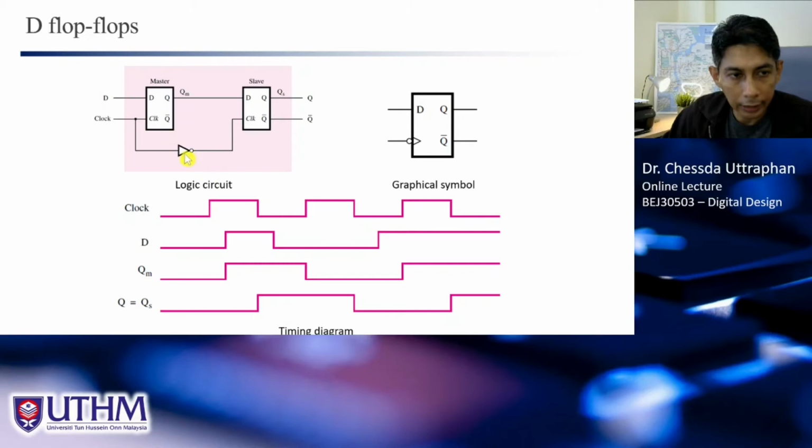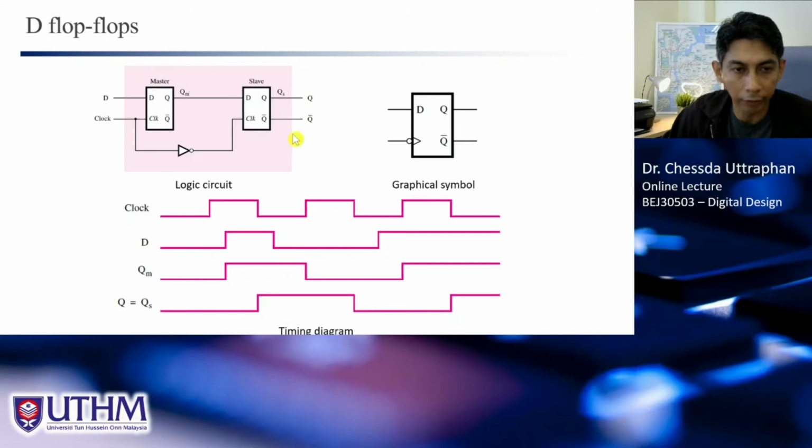So this is the circuit of the D flip-flop, and this is a negative edge triggered one, where we have two D latches connected like this, master and slave, and we have the clock like this, and we invert the clock for the slave.